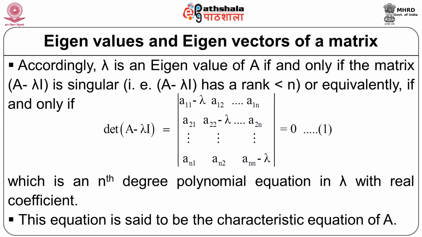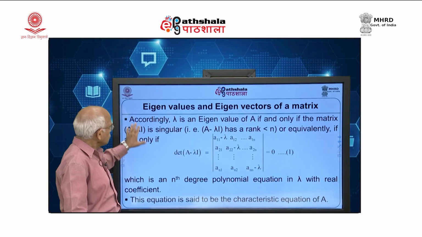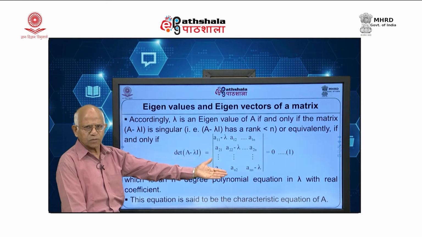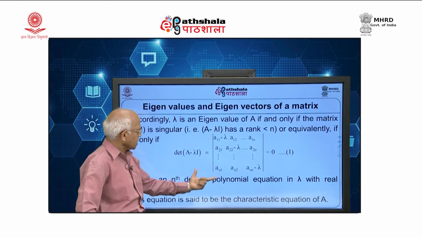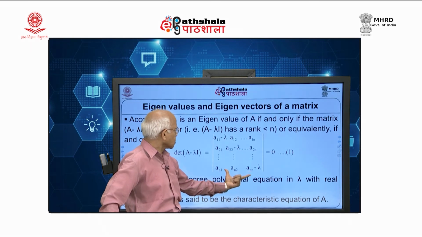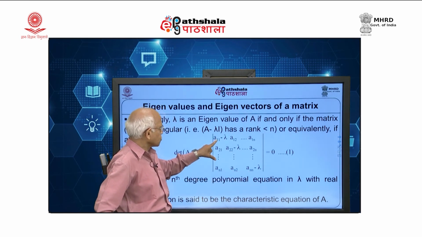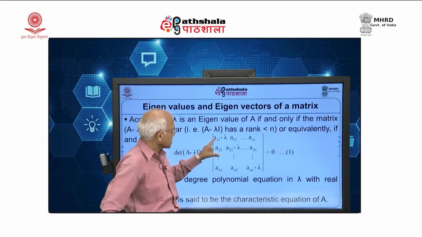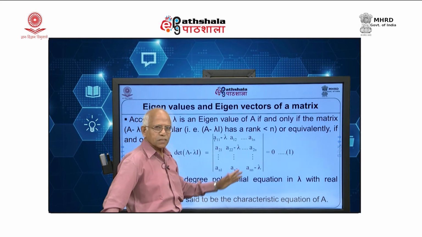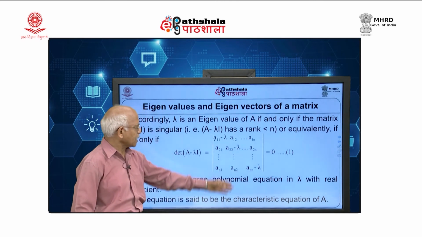Accordingly, lambda is an eigenvalue of A if and only if the matrix A minus lambda I is singular. The matrix A minus lambda I being singular is equivalent to saying that the determinant of A minus lambda I is equal to 0. The determinant of A minus lambda I is written in this format: from the diagonal elements lambda is subtracted, and the remaining coefficients are the same as the coefficients of matrix A, and that will be equal to 0.